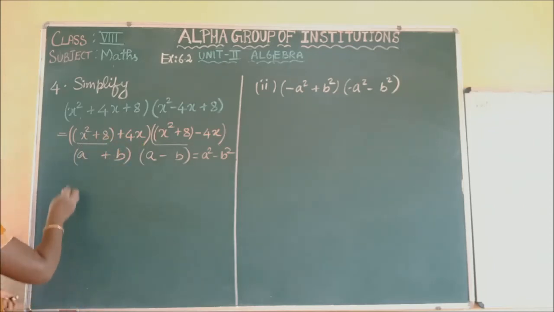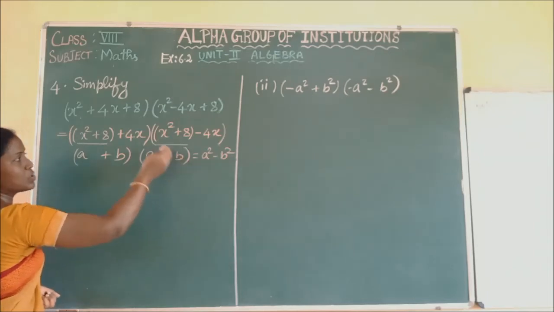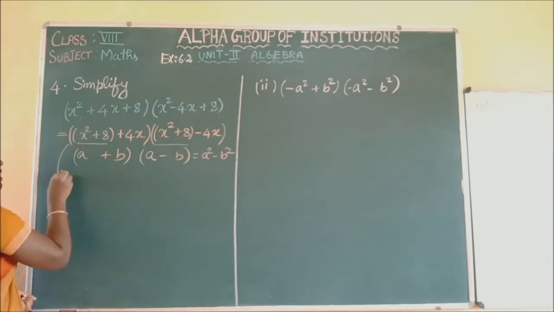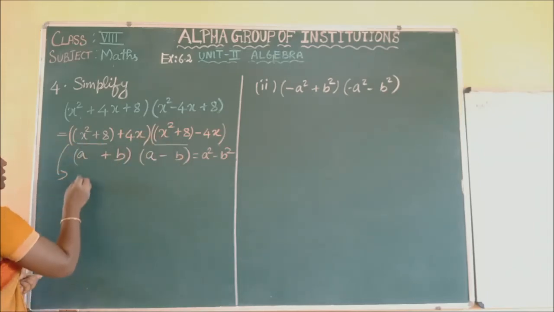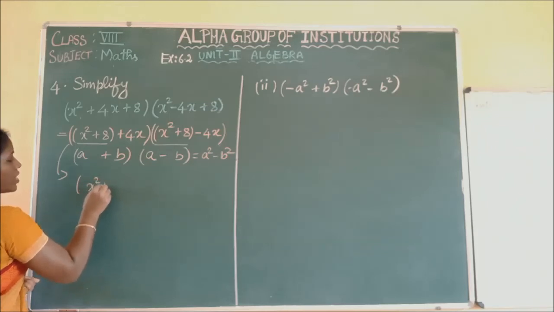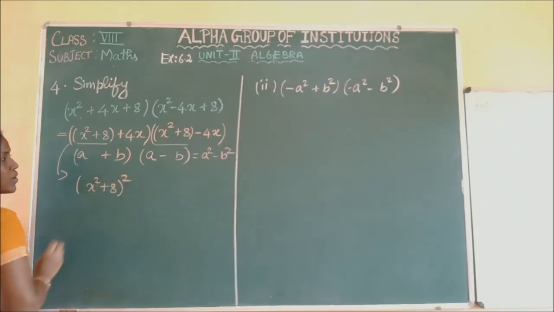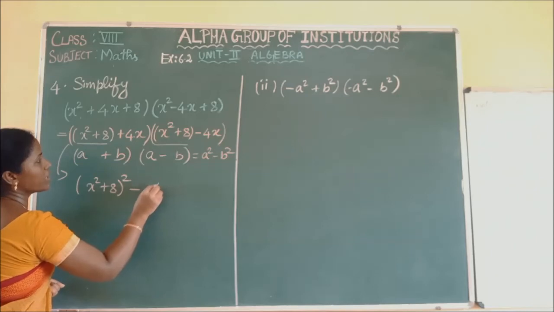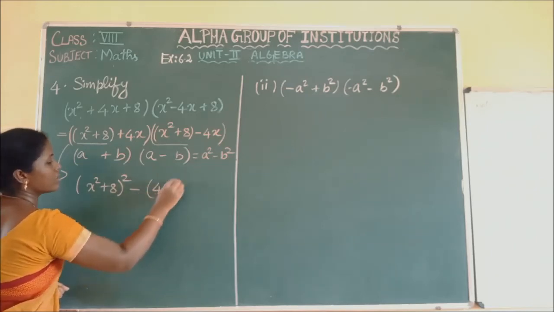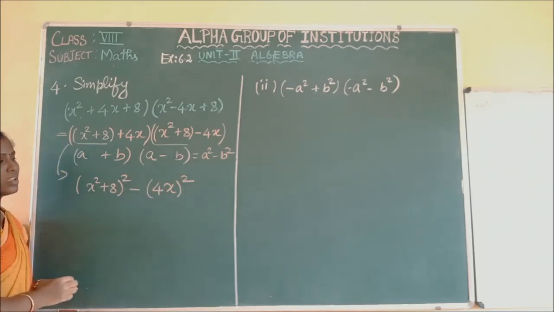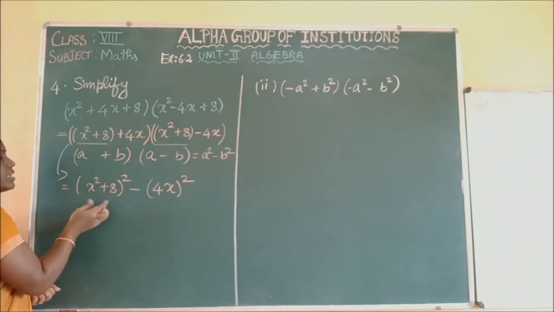So if I write this, a square minus b square, this question can be written as a square minus b square. So what is a square? x square plus 8, the whole square, minus b square, which is here 4x, the whole square. But see this, here also we are having one more identity to use.